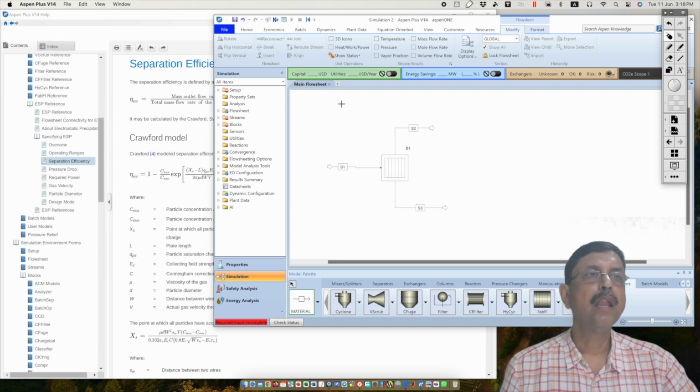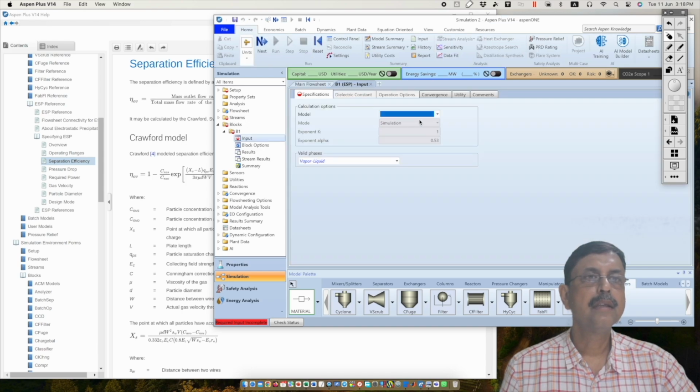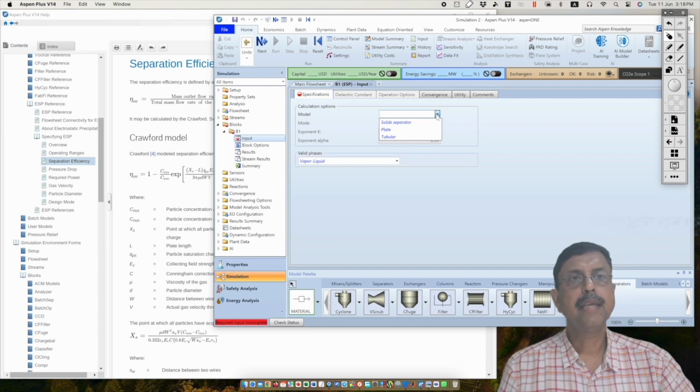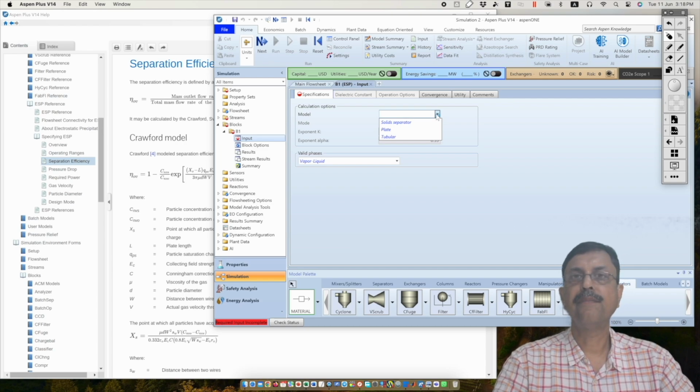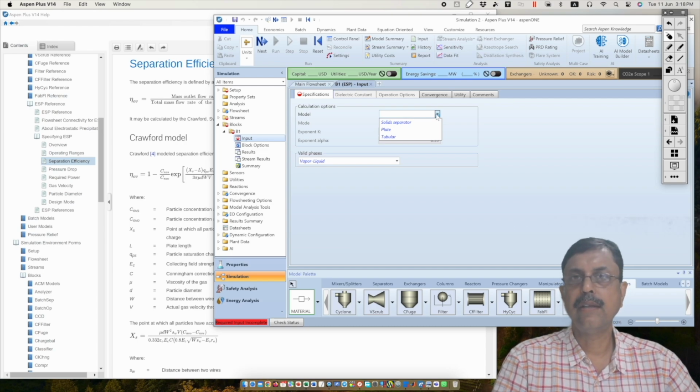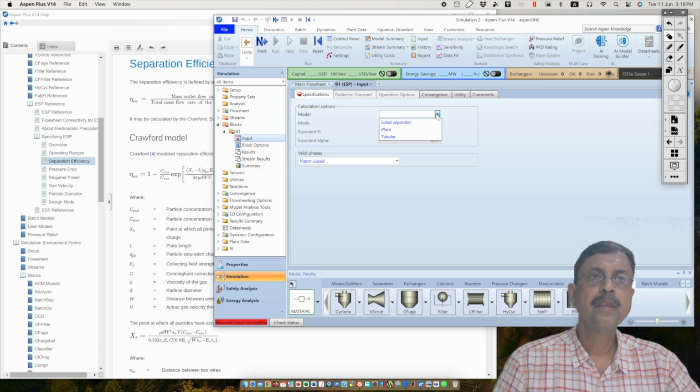Okay. Now let us open the block specification, and you will find over here the models. So there are three types of model. One is the regular solid separator model, which you know already. And there are two types of model, plate or tubular, which we have already discussed.